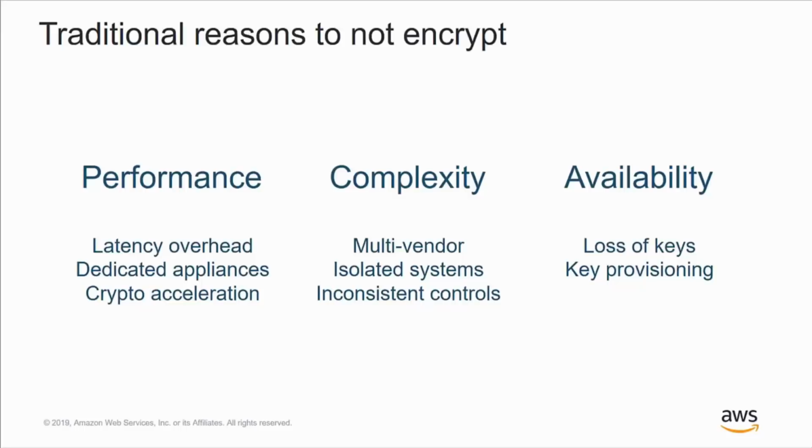Complexity becomes a huge issue, typically in a traditional organization. Companies will buy file encryption systems, database encryption systems, tape backup encryption systems, email encryption systems, dozens of different encryption systems scattered across a typical enterprise IT environment, typically coming from different vendors, managed by different people, applying policies in different ways, and even being auditable to different degrees. These are isolated systems and can become incredibly complicated to manage.